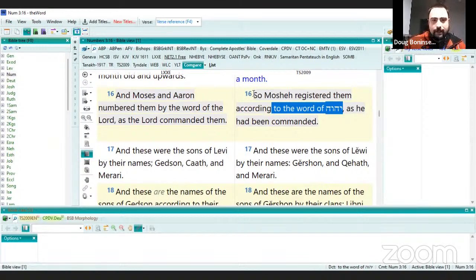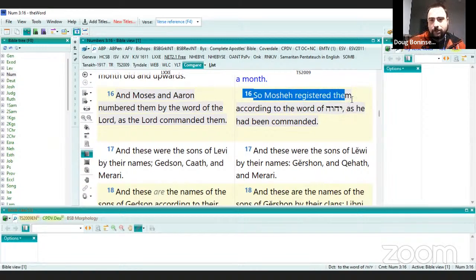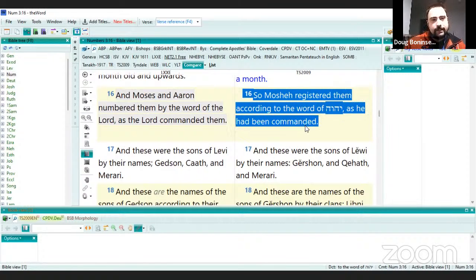The ISR 2009 says, so Moshe registered them according to the word of Yahuwah as he had commanded him. So it's by the word of Yahuwah versus according to his word. People could argue that's just talking about Yahuwah's ordinances as his word, rather than the word being a person. That's just a little subtle difference.